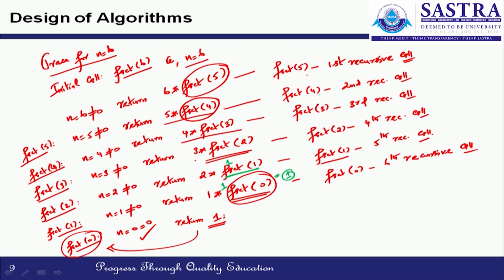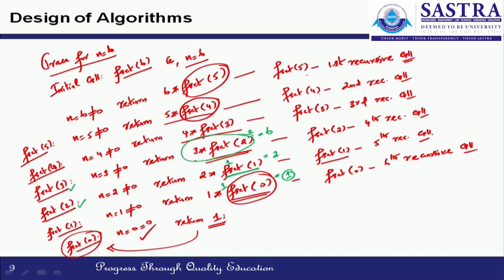Since the recursion is evaluated using a stack, last in first out order, 2 into 1 is 2. Return 2. Who is the caller of this fact of 2? Here return 3 into fact of 2. Fact of 2 is 2, so 3 into 2 is 6.